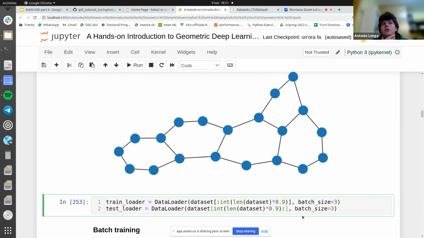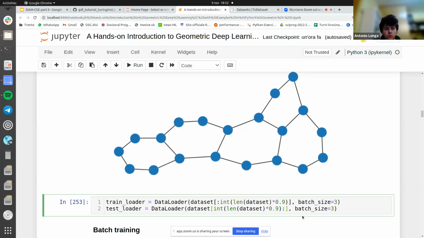Well, it really depends on the real-world problem you have underlying. Suppose you would like to classify proteins. You have multiple proteins that do something, and so you have multiple graphs.